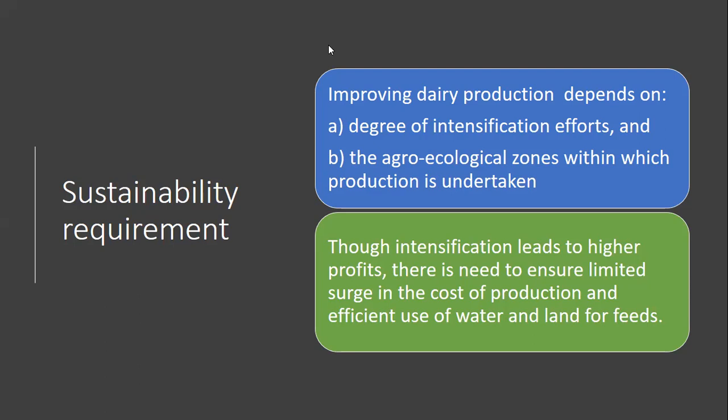While ensuring this increased production, there is also a need to ensure that the cost of production and the efficiency of the use of resources are within the limits that are placed on the resource use.